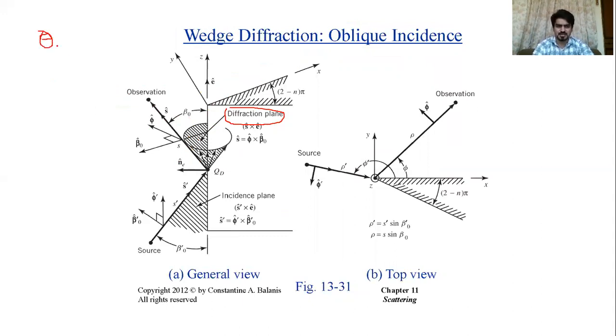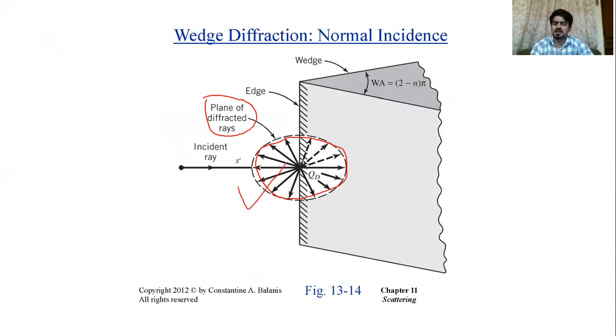If you remember, we derived this: theta s equals pi minus theta I. The same expression can also work for normal incidence. So when theta I equals pi by 2, theta s will be pi minus pi by 2, which is nothing but pi by 2. And that's why we had this plane of diffracted rays in the same plane.